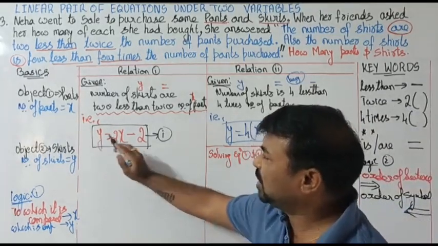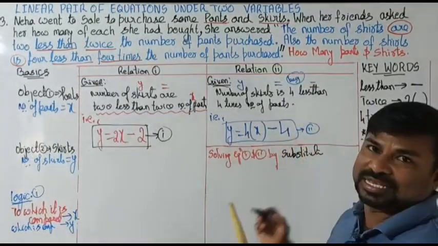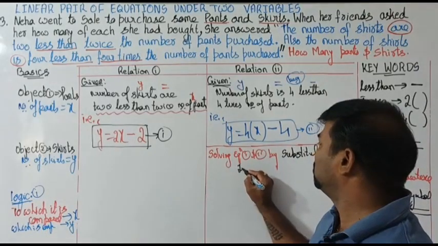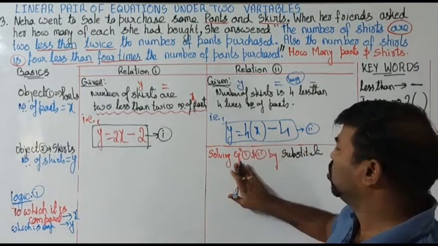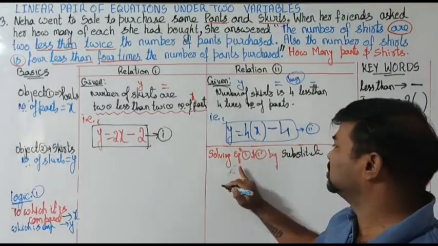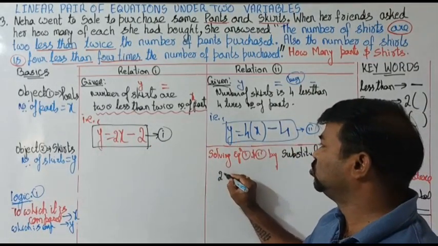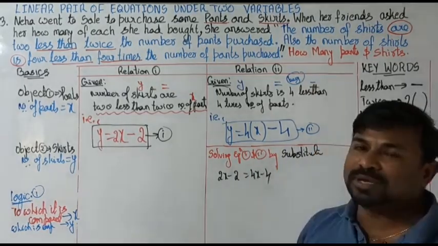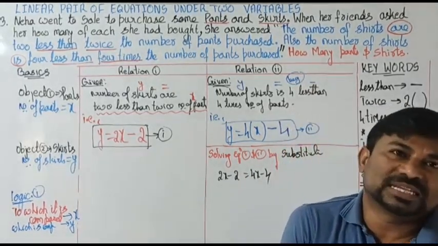See here, y equals this and y equals this. From equation 1 and 2, we can say directly y equals this answer and y equals this answer. Straight away I can say 2x minus 2 equals 4x minus 4.